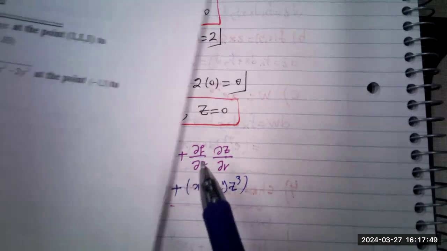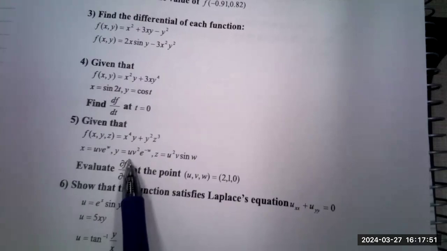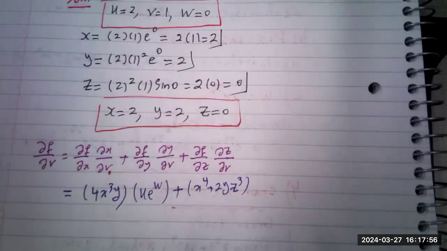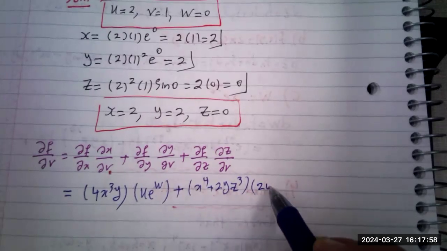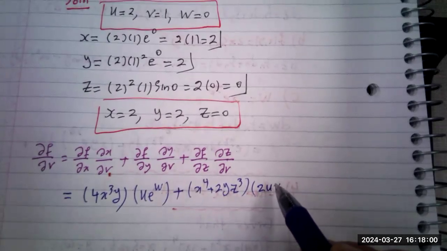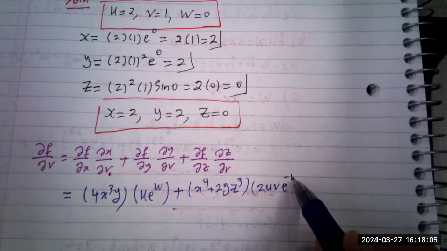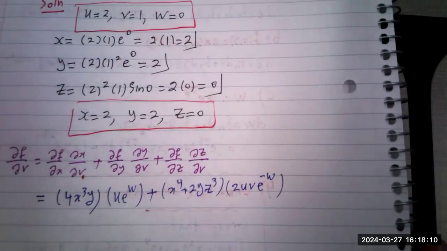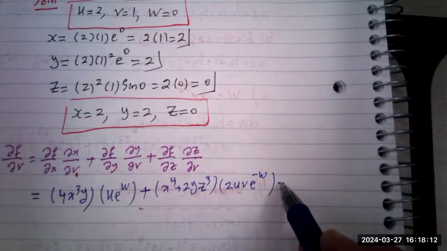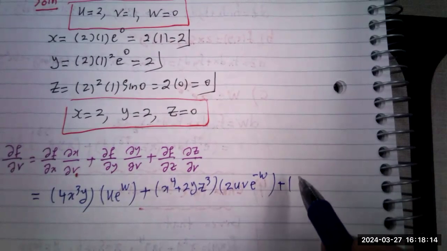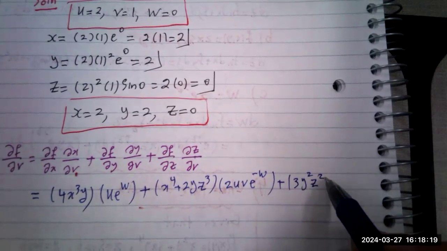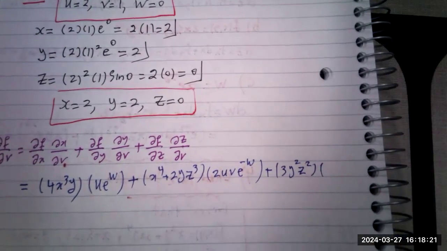Y with respect to v would be 2v, so 2uv e to the negative w. That's the second part. Now, with respect to z. In the first term, you don't have any z. In the second term, we have z cubed, so it's going to be 3y squared z squared, times the derivative of z with respect to v.